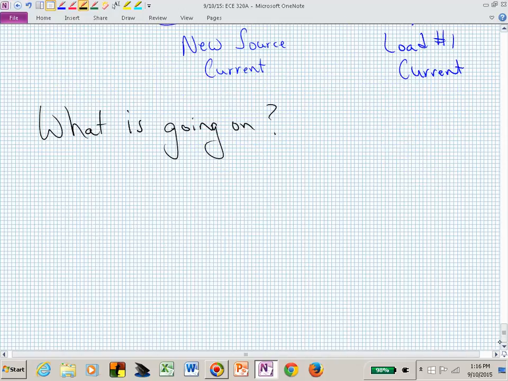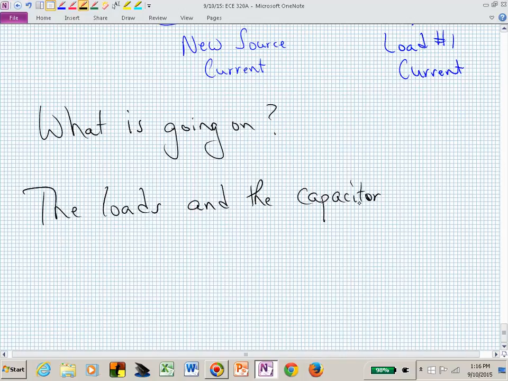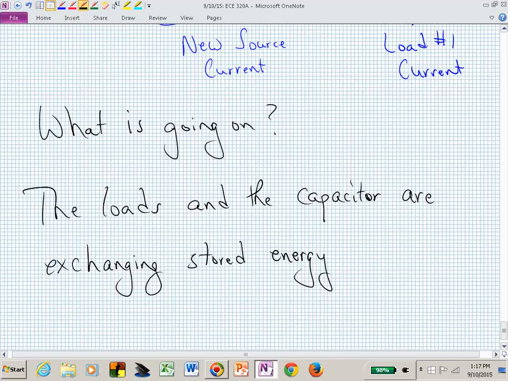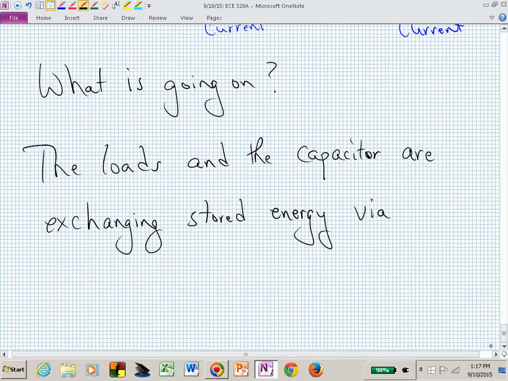Let me see if I can write that down. The loads, load 1 and 2, and the capacitor, here I'm saying the capacitor is that capacitor that we introduced for power factor correction. The loads and the capacitor are exchanging stored energy via reactive currents.